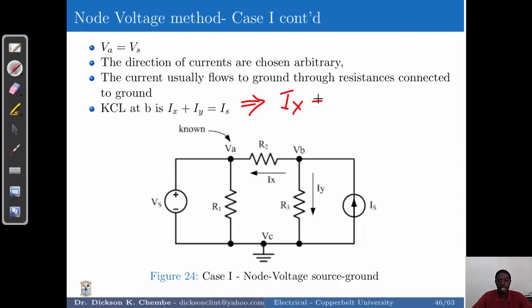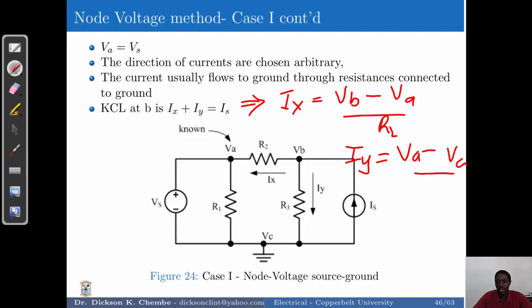IX is equal to VB minus VA over R2, and our IY is equal to VB minus VC over R3.